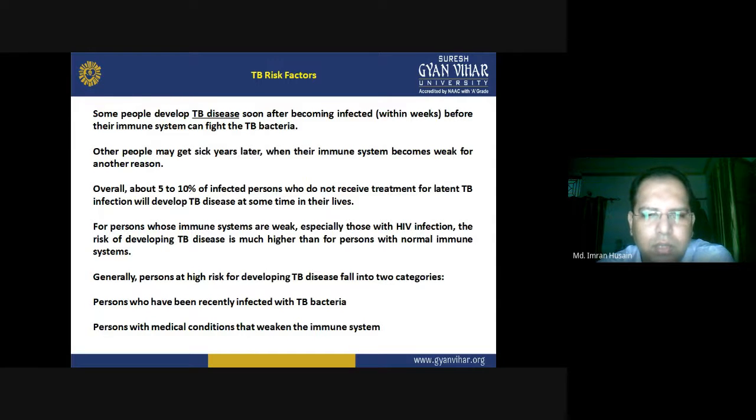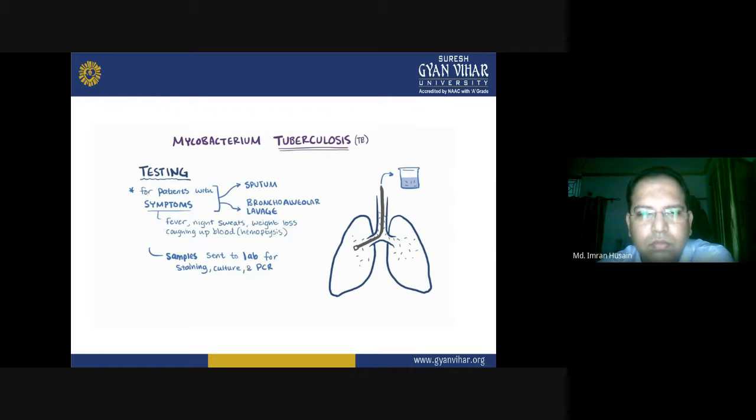Generally, persons at risk for developing TB fall into two categories. And what are those categories? Persons who have been recently infected with TB bacteria, and persons with a medical condition that weakens the immune system. So here you can see Mycobacterium tuberculosis or TB testing for patients with symptoms.